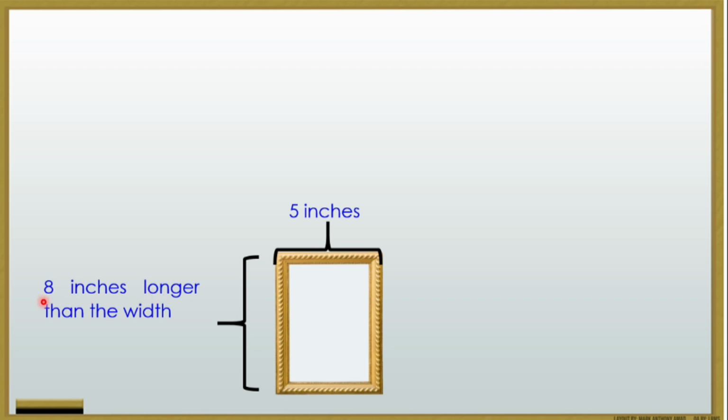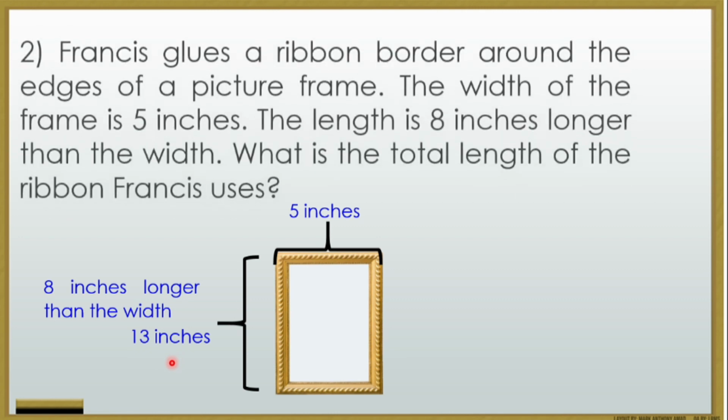Now, this would be the visual representation. We have 5 inches for the width, and the length is 8 inches longer than the width. So we need to add 8 to 5 inches. Therefore, the value of the length is 13 inches.